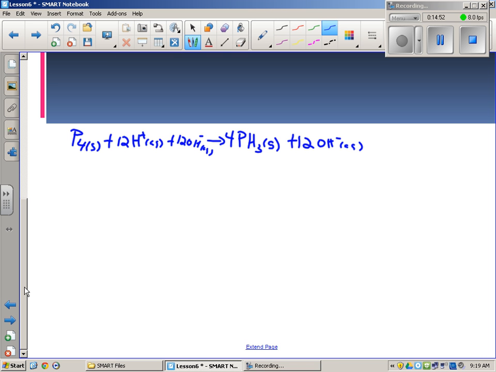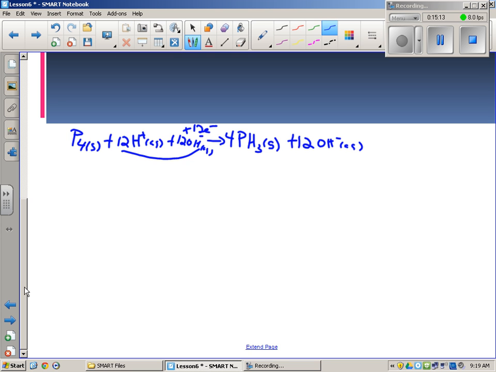Balancing wise, let's see here, as far as charges go, I got a 12 minus on the right side, and on this side, remember, these combine together to give you 12 waters, which is 0, right? So 12 minus there, 0 here. I'm going to add 12 electrons to this side, and of course I ran out of room here. So 12 electrons.